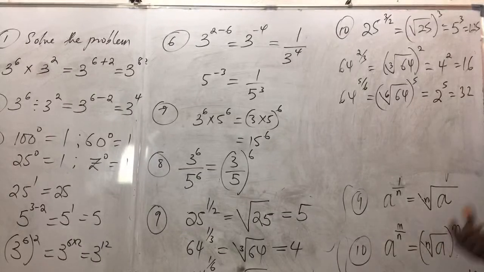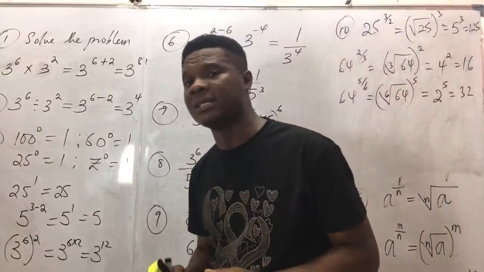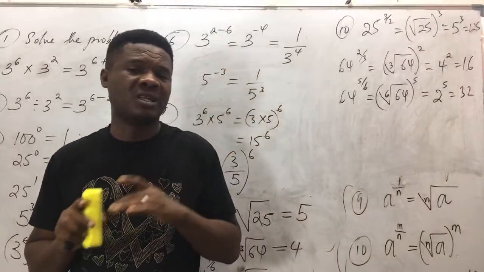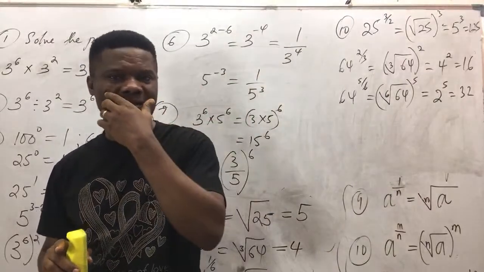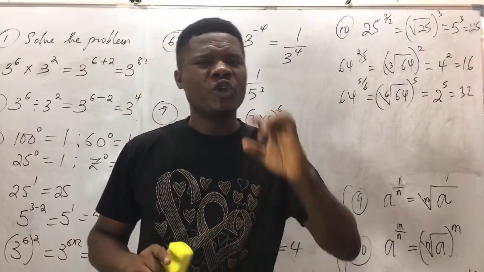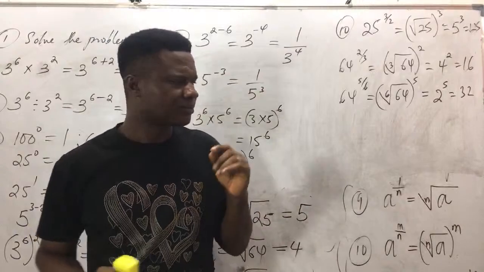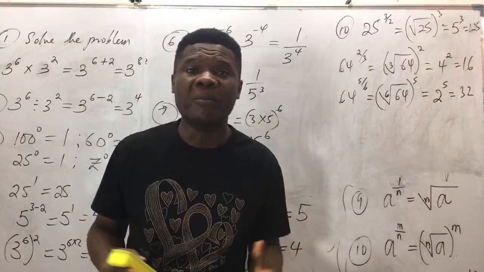Okay? So what have we done so far, guys? In this lesson on indices, the laws of indices, we have defined indices. If you are taking a course on indices in general mathematics 1 or algebra and trigonometry, as the case may be, please take note. You must start with knowing what indices as a topic is all about, followed by knowing what index notation or index form means.